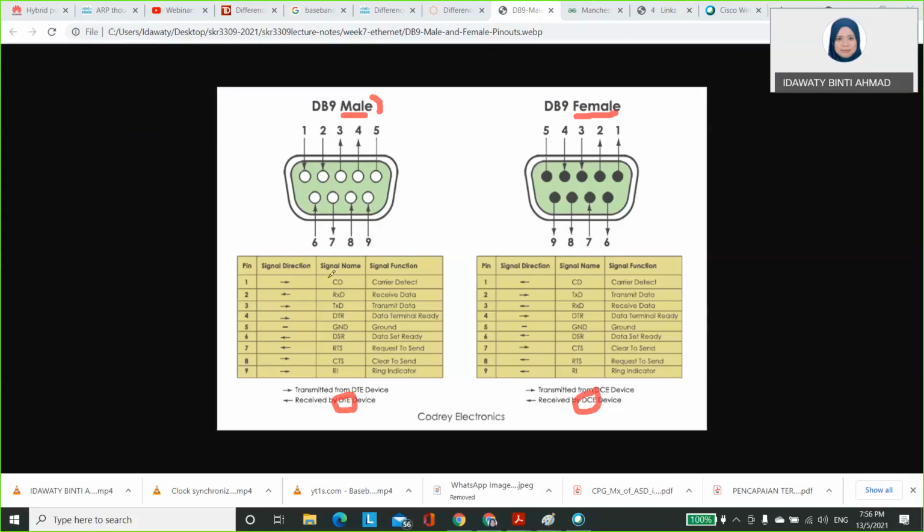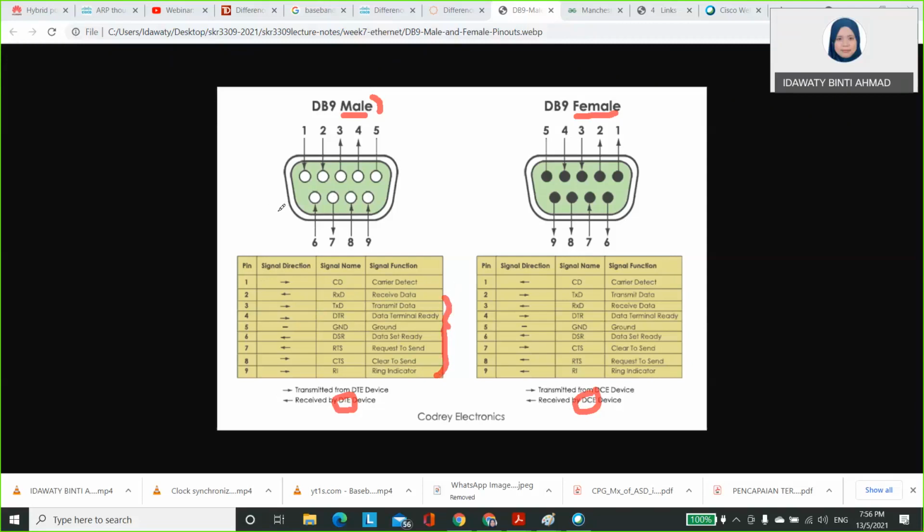For example, you can have carrier detection in pin number 1, receive data in pin number 2, and transmit data in pin number 3, and many more signals that you can transmit over these pins.